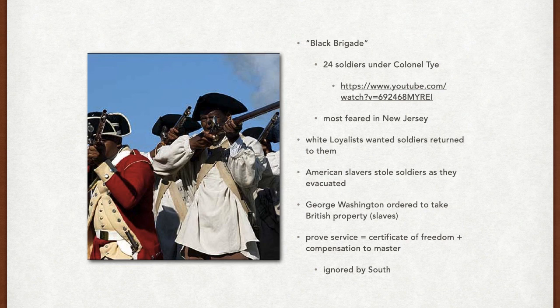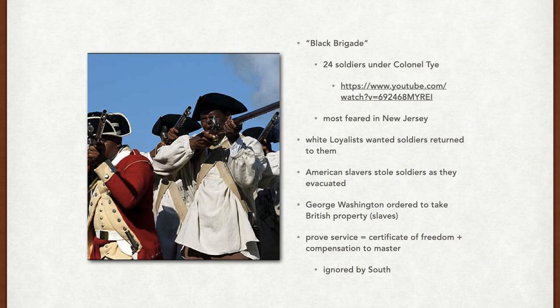When the war was over, many white loyalists wanted black soldiers to be returned to them so that they could increase the reparations that they would receive from damaged property. So the loyalists who were loyal to the British had their plantations and stuff damaged during the Revolution, so they wanted their slaves back to maybe sell or work to make back that money.